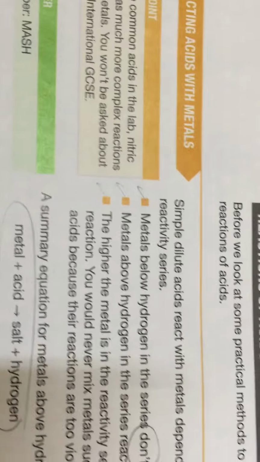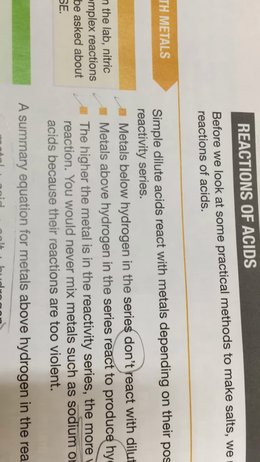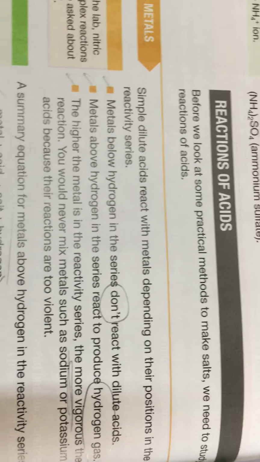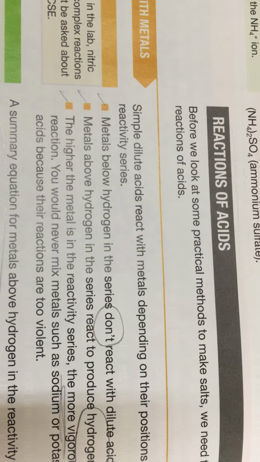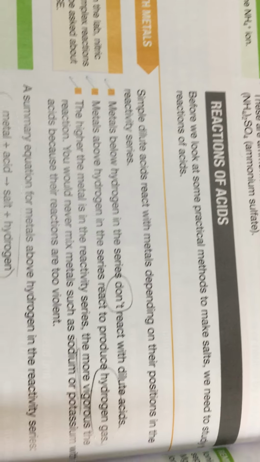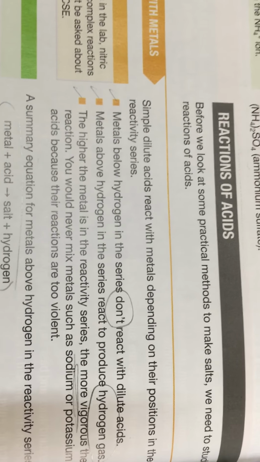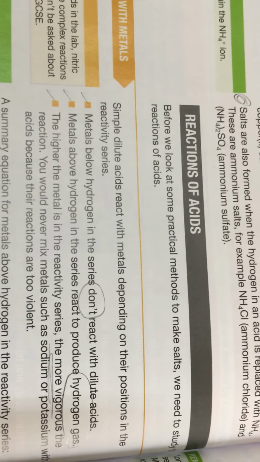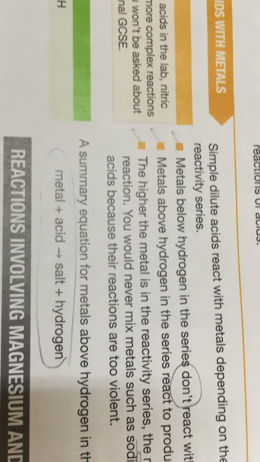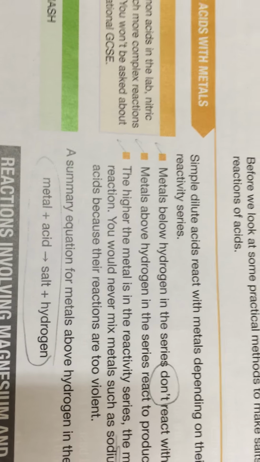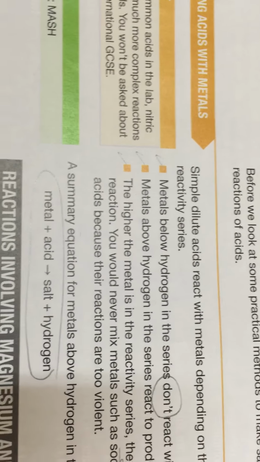You have to know here that metals below hydrogen in the reactivity series do not react, as I revised this chapter with you. But metals above hydrogen in the reactivity series react with the acid and produce salt, releasing hydrogen, because the metal takes the place of the hydrogen of an acid.